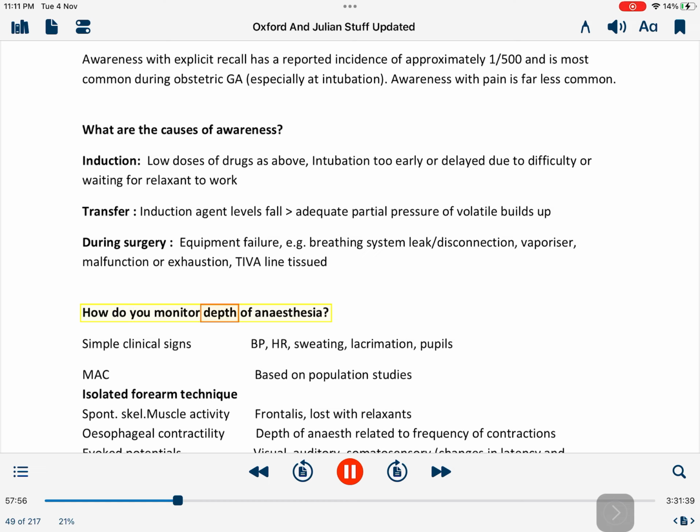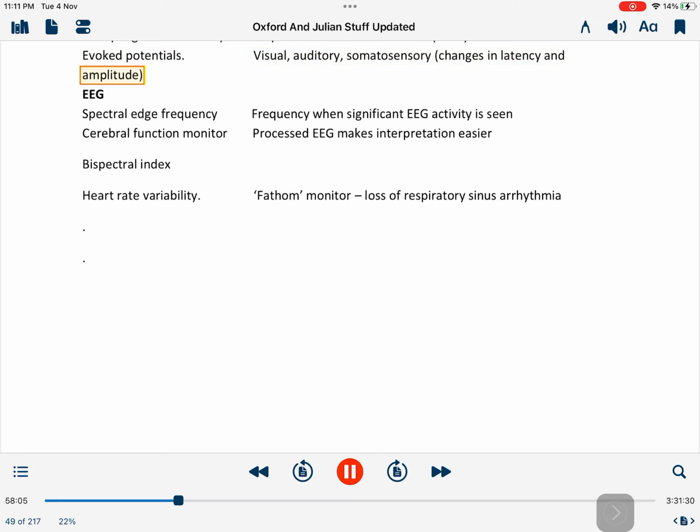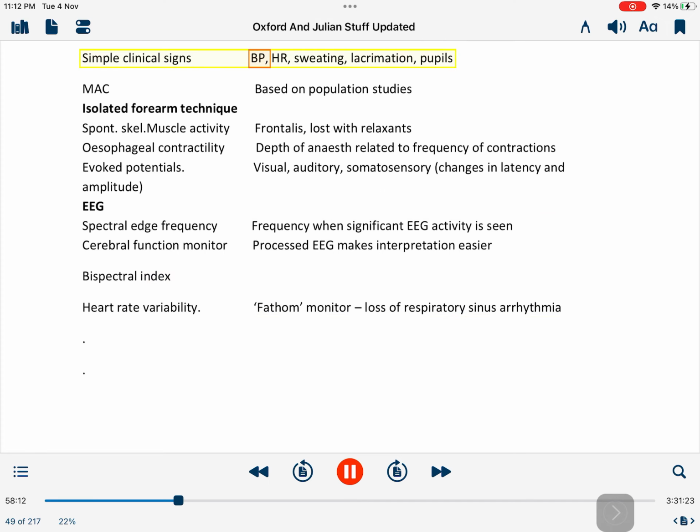How do you monitor depth of anesthesia? Simple clinical signs: MAC, isolated forearm technique, scale muscle activity, esophageal contractility, evoked potentials, amplitude, e.g., spectral edge, frequency, cerebral function monitor, bispectral index, heart rate variability, BP, HR, sweating, lacrimation, pupils, based on population studies, frontalis, lost with relaxants, depth of anesthesia related to frequency of contractions, visual, auditory, somatosensory, changes in latency and frequency when significant EEG activity is seen.